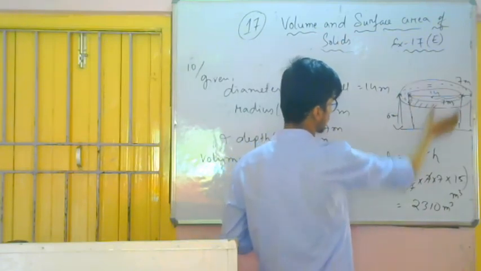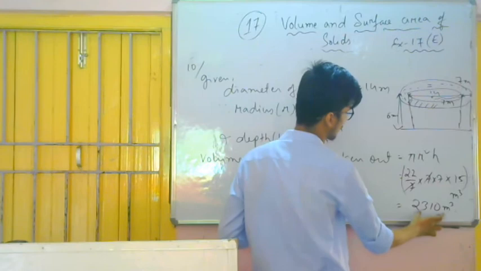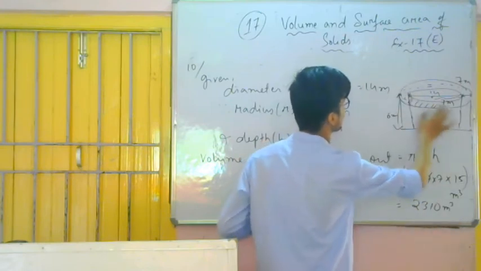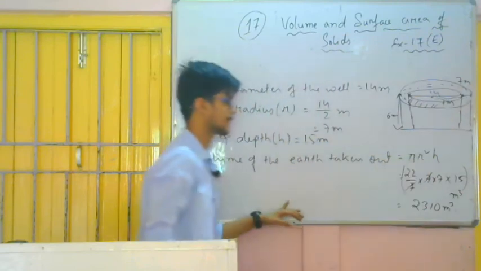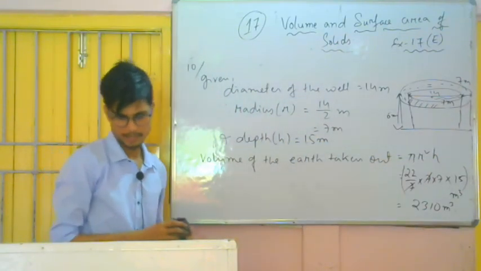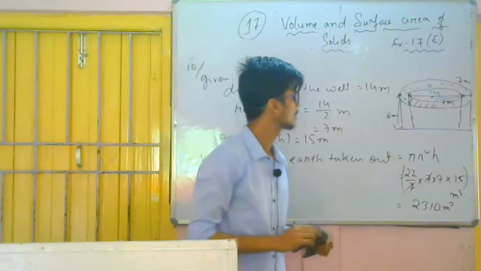That means the earth which is taken out is spread for making this embankment. That means the earth taken out is spread all around.